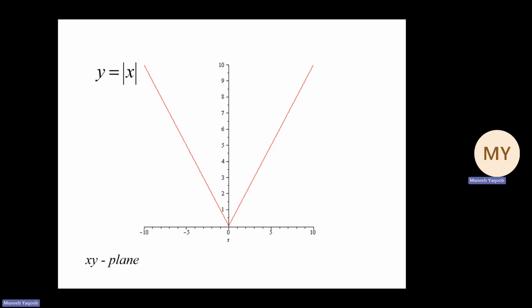So a modulus function never gives you a negative value. It never gives you a negative height. Therefore, we can easily conclude that the range of this function is from 0 to infinity.